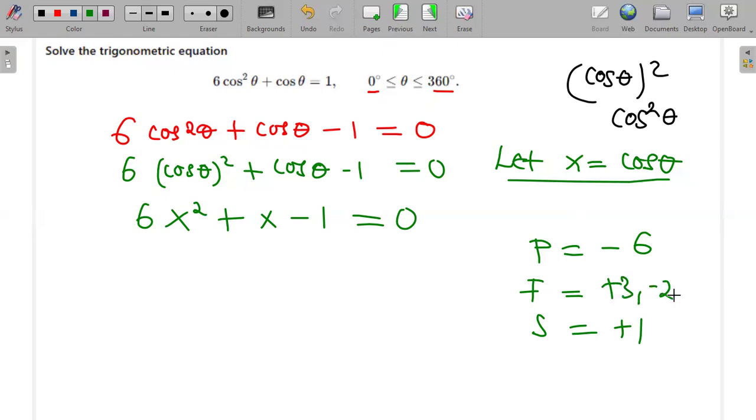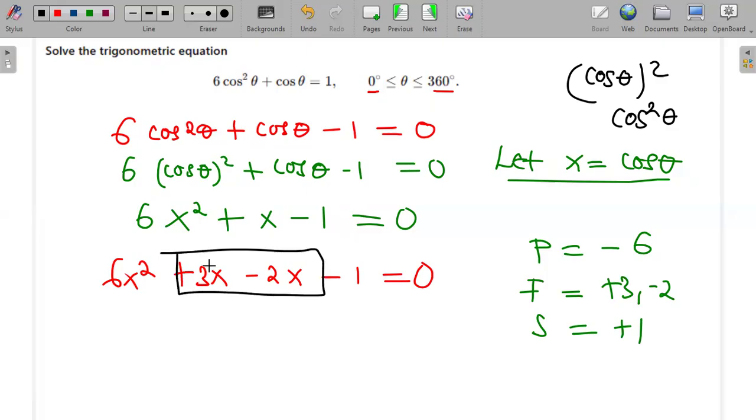When I multiply them, I get minus 6, and when I add them, I get a positive 1. So I'm going to represent the plus x in terms of the factors. It will be 6x squared plus 3x minus 2x minus 1 is equal to 0. You've seen that I haven't changed anything in the equation, I've just represented this term in the form of this.